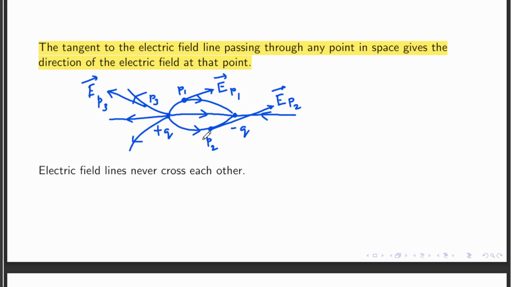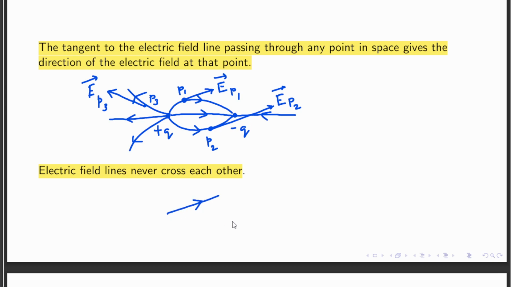And finally, the fourth property of the electric field line is that electric field lines never cross each other. You will never find one electric field line intersecting with another. So let's say this is one electric field line.